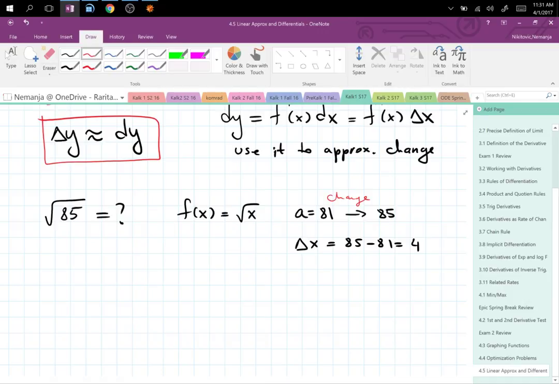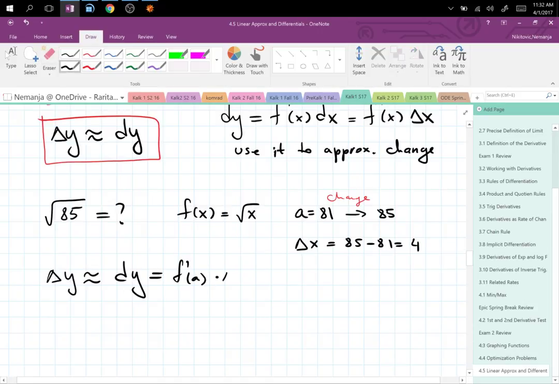So I have this. And now, all I need to do is to say that the change in y is approximated by dy, which is equal to f prime at 81 times 4, right? So f prime of x is 1 over 2 root x.